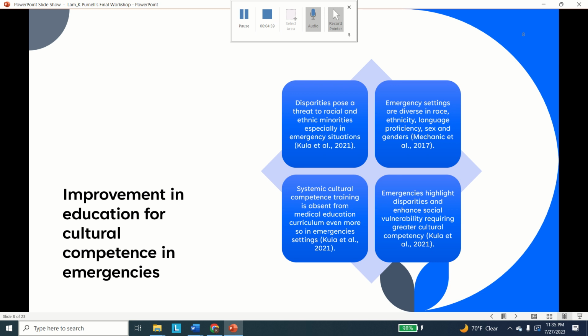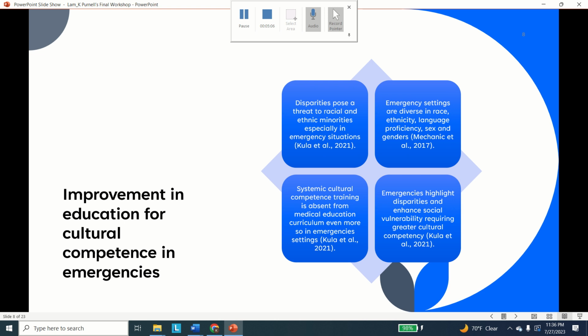Some things: disparities pose a threat to racial and ethnic minorities, especially in emergency situations. Emergency settings are diverse in race, ethnicity, language proficiency, sex, and gender. Systemic cultural competence training is absent from medical and nursing curriculums, even more so within the emergency setting.